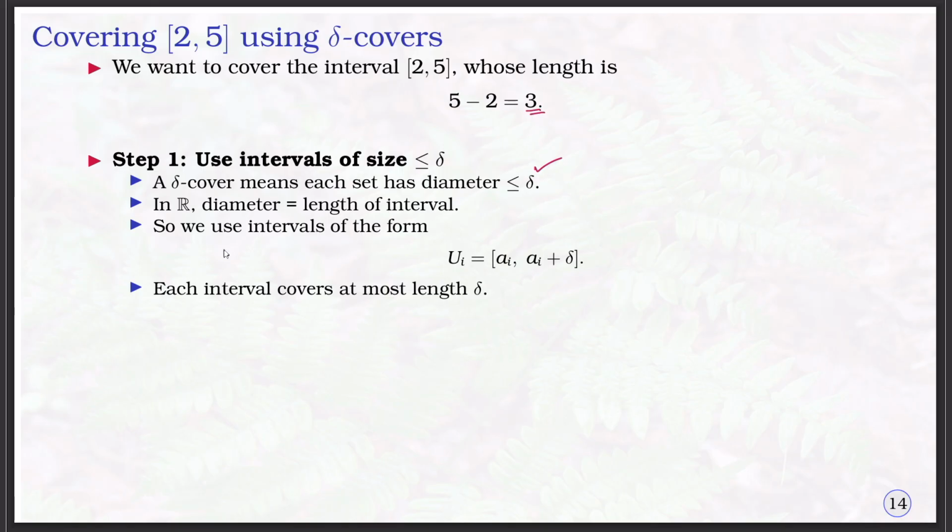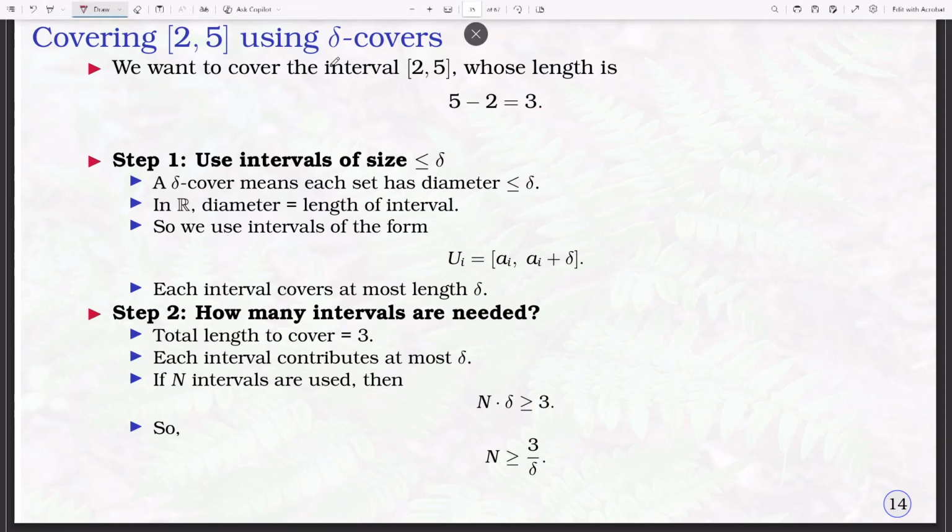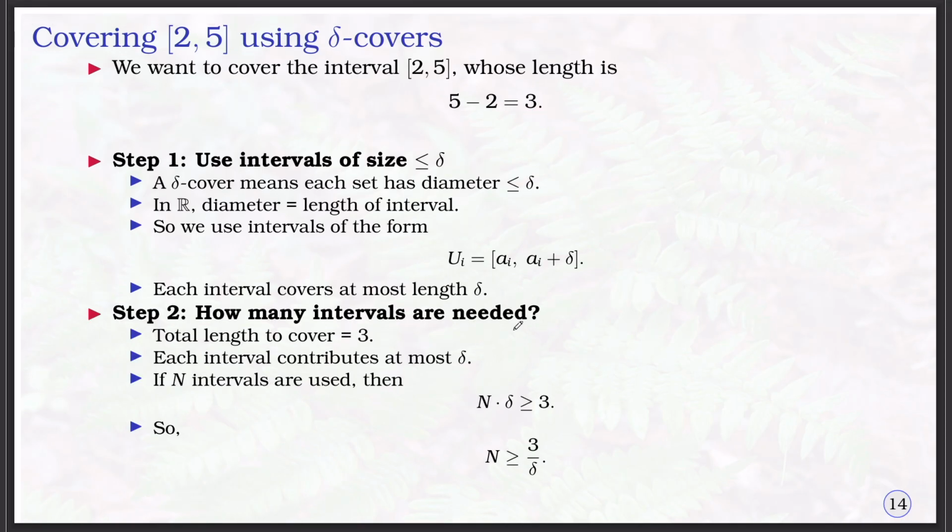So, we use intervals of the form mu i equal to ai comma ai plus delta to cover the interval 2 comma 5. Each interval covers at most length delta. Now, how many intervals are needed to cover 2 comma 5? The total length to cover is 3. Each interval contributes at most delta.